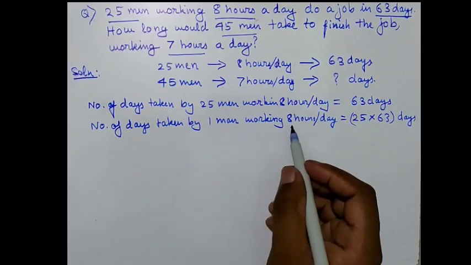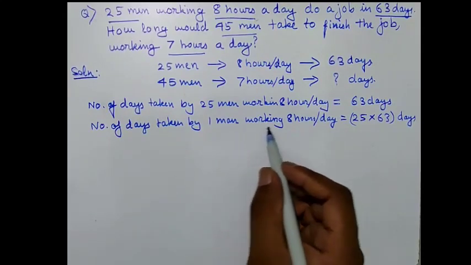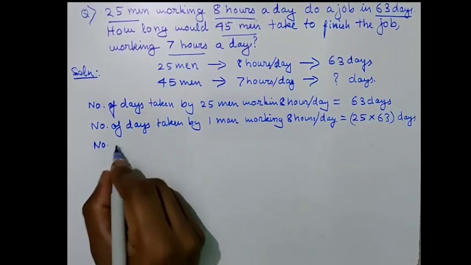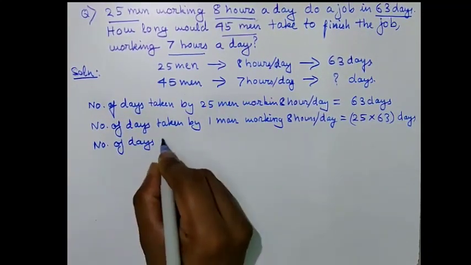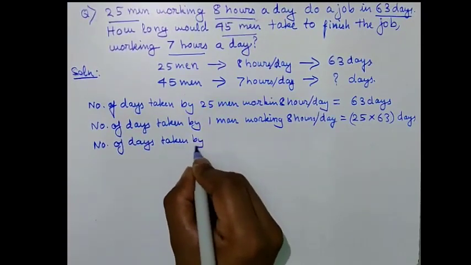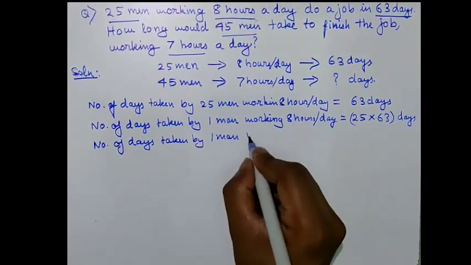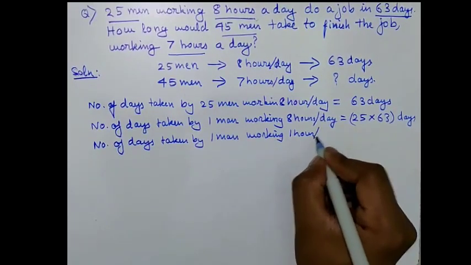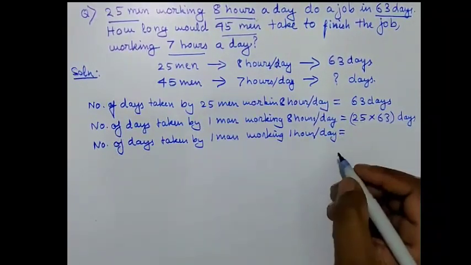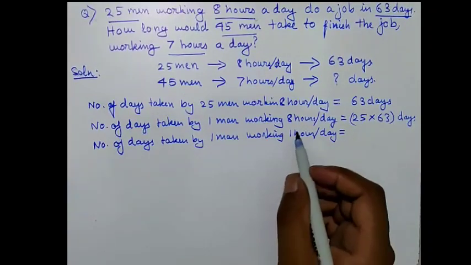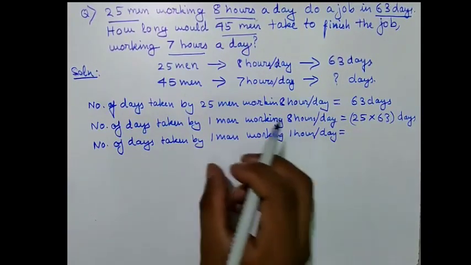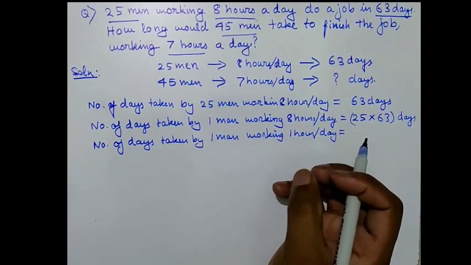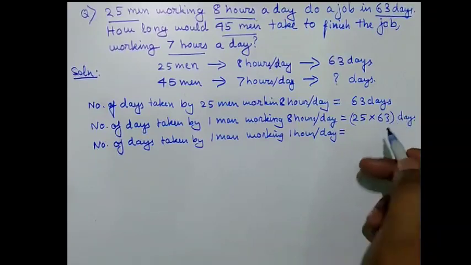Now we can find number of days taken by one man working 1 hour per day. So we can say number of days taken by one man working 1 hour per day will be equal to, now if one man is working only 1 hour, before he was working 8 hours, so the days will increase, right?